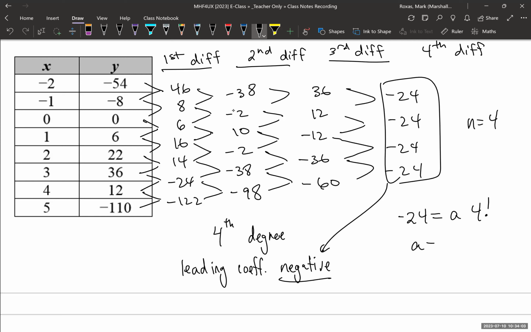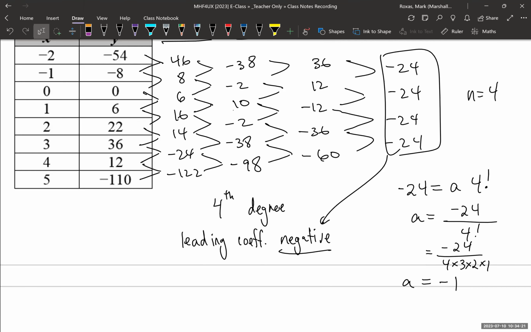Solving for a, we get a equals negative 24 over 4 factorial, which is negative 24 over 4 times 3 times 2 times 1. 4 times 3 times 2 times 1 is just 24. 24 divided by 24 is 1. So a equals negative 1. That's our leading coefficient.